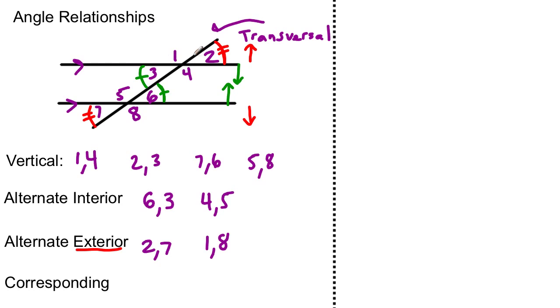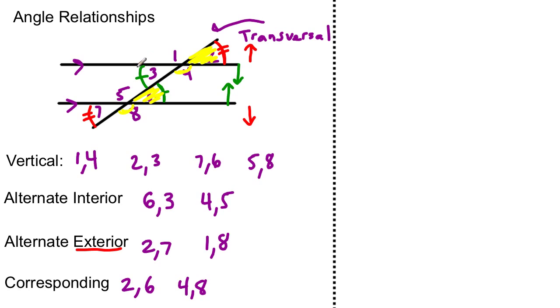So an example of corresponding angles would be this one, 2, and this one, 6. So we're talking about 2 and 6. There are lots of different corresponding angles. What about if we used 4 and 8? We'll put that one up there: 4 and 8.